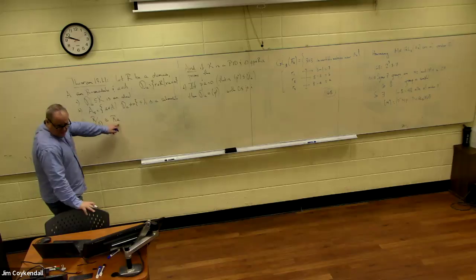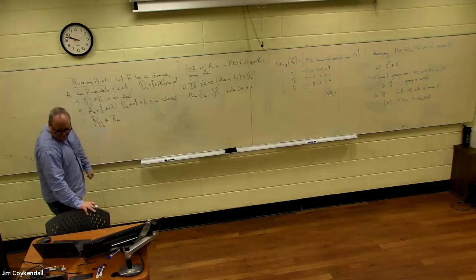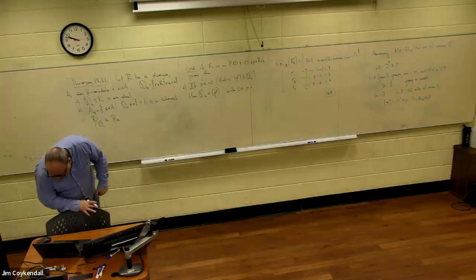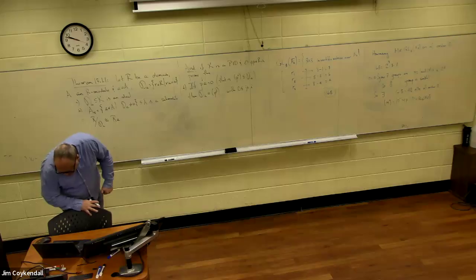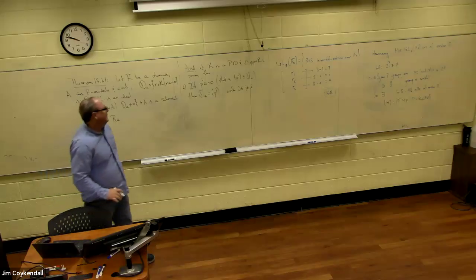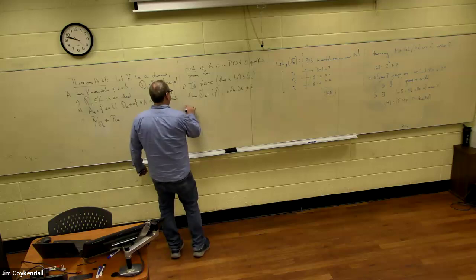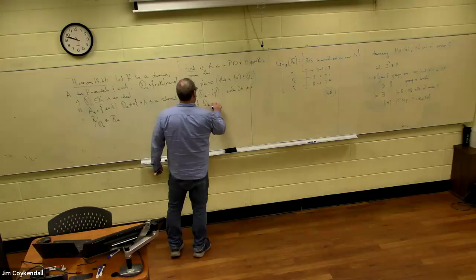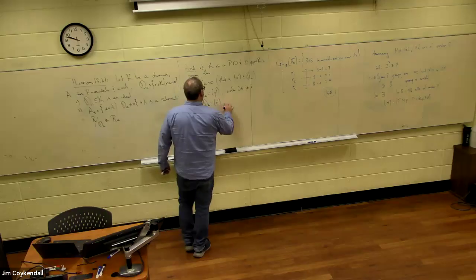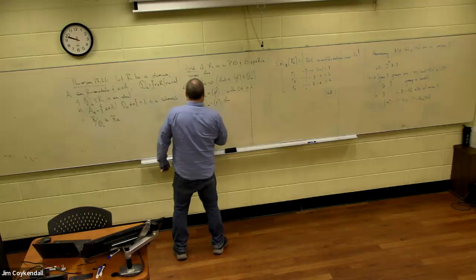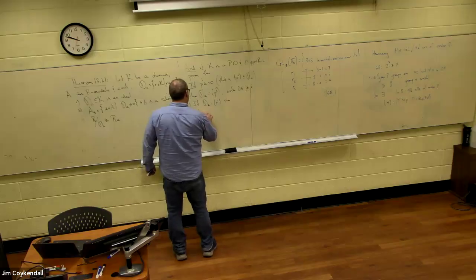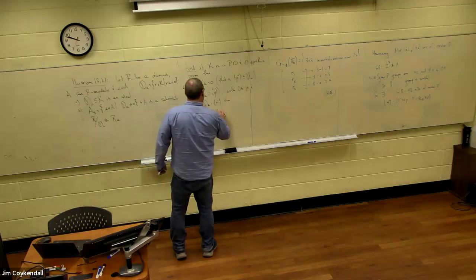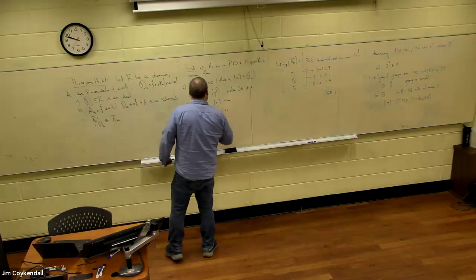No, it's RA. It's just the ideal in R generated by A. And if DA is equal to P^I, then P^J A is not zero for all J less than I.